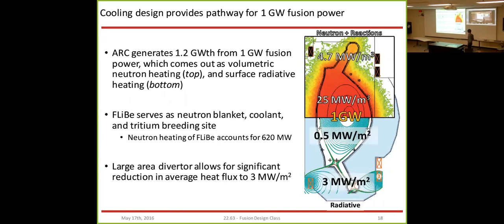Finally, because of our long leg divertor design that stretches out to, again, 3.7 meters, we have a very large area to work with. And when combined with the radiative strike point, that brings down the average heat flux in the divertor to 3 megawatts per meter squared.